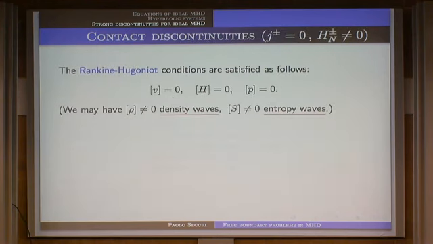Okay. Contact discontinuities, where J, the mass flux, is 0 and Hn is different from 0. The Rankine-Hugoniot conditions are satisfied in this form.